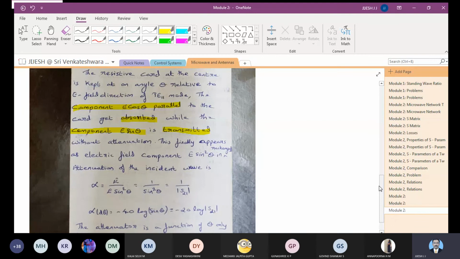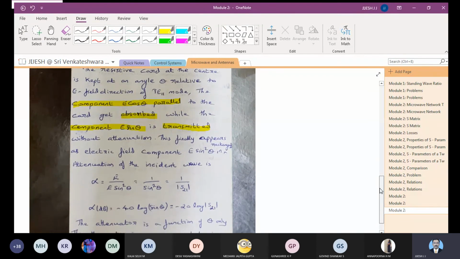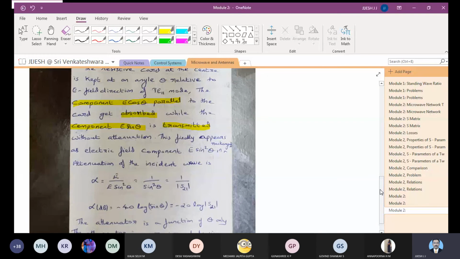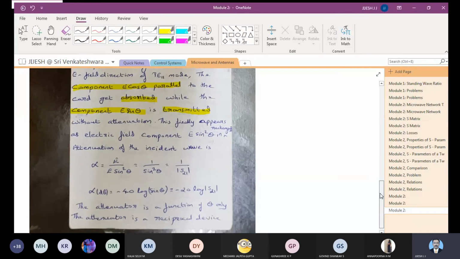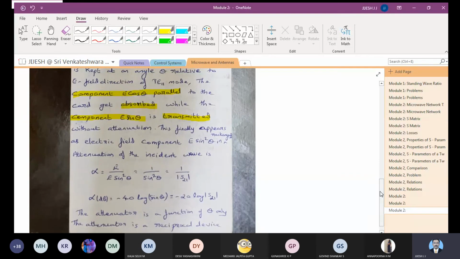These points are very important. You should not miss out these things while writing. Then I have told you that the attenuator's main application is where you want less flow of signal, or the power has to be maintained, or you have a lot of reflections taking place, and you don't want that much power to be transmitted further. You need a variation in the signal strength and all those things, so you go with attenuators.